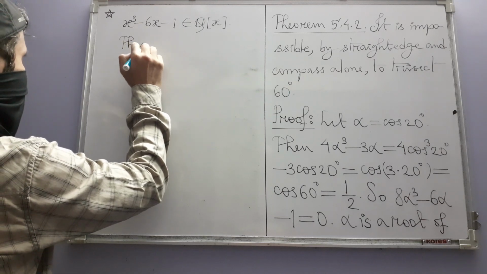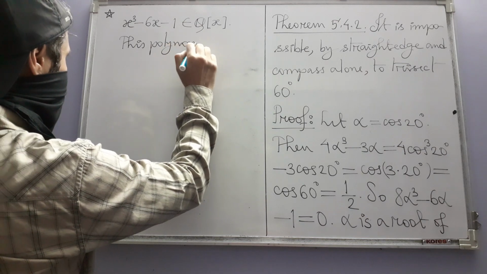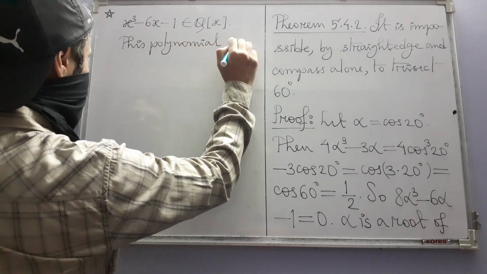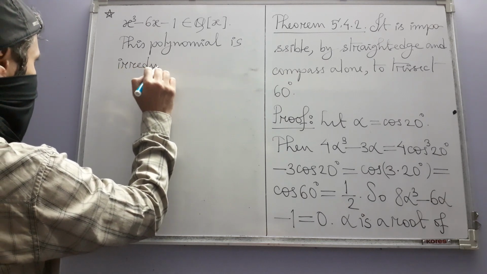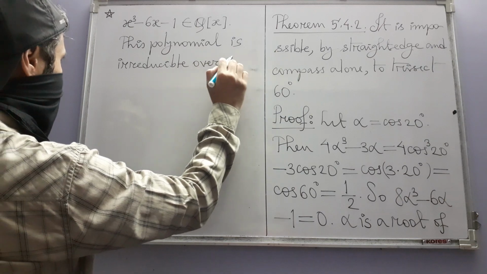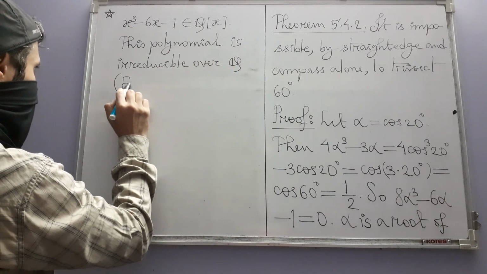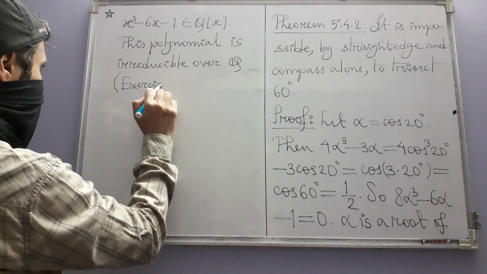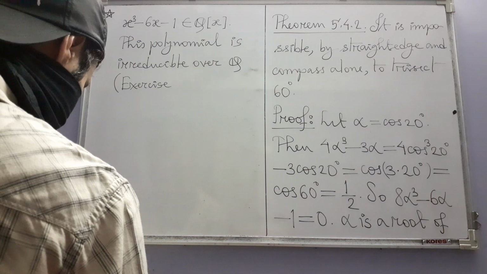This polynomial is irreducible over Q. And that is exercise 7a.